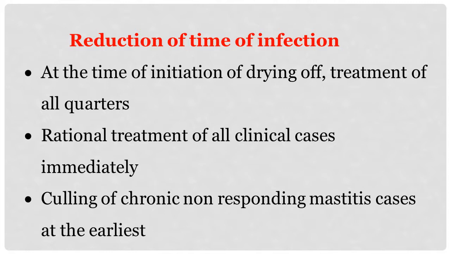Here we will see important principles of prevention and control, and one is reduction of time of infection. Remember, reduction means decrease in time of infection. Anyhow, we can delay the infection. That is the aim here. At the time of initiation of drying off, when the cattle become dry, in the initial stage, give intra-mammary infusion treatment to all quarters.